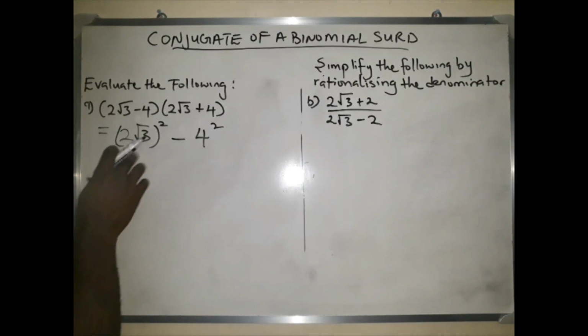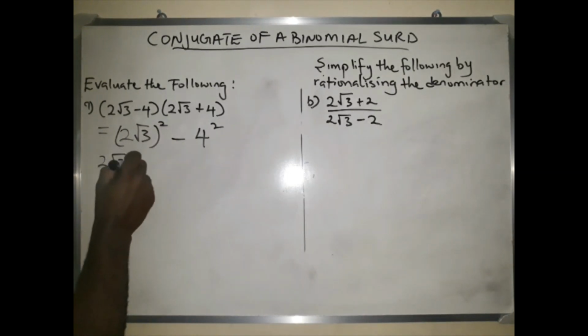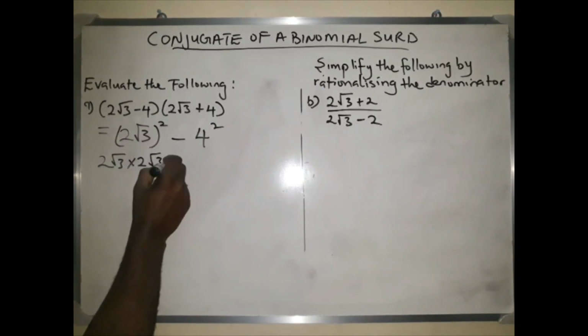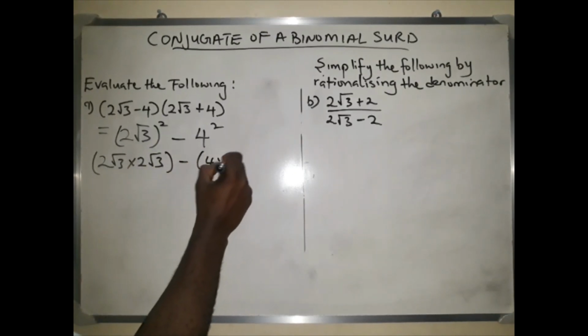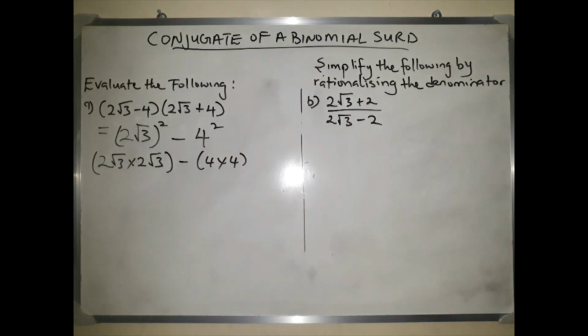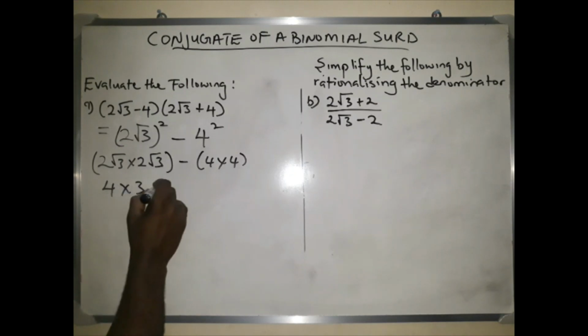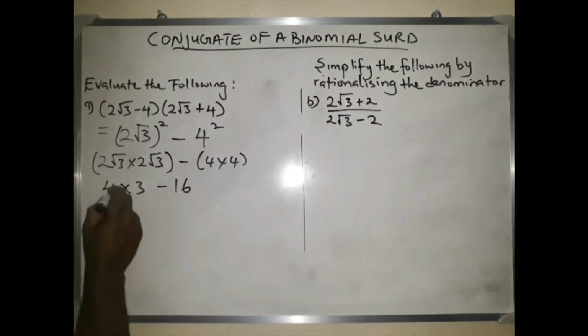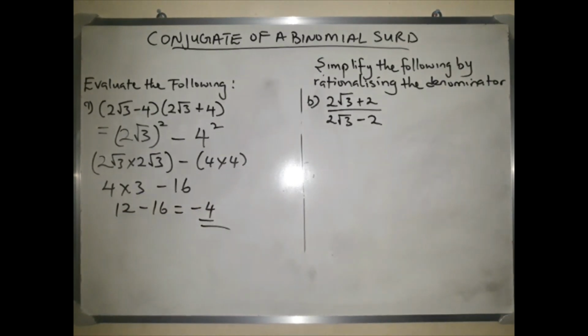So here you have 2 root 3 times 2 root 3 in brackets, and minus 4 times 4. When you multiply this, you're going to get 4 times 3 minus 16. So now I have 12 minus 16, which gives us minus 4. That's our final answer. So you see how easy it is to solve that when you apply the difference of two squares method in solving conjugates of a binomial surd.